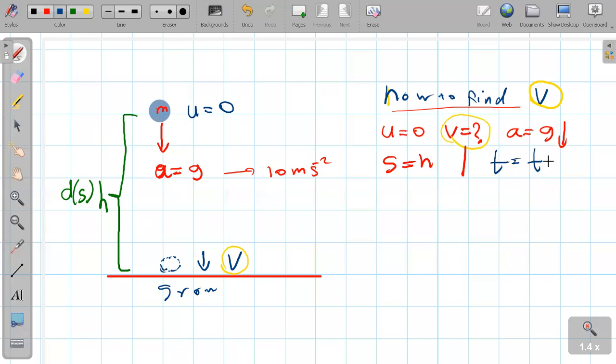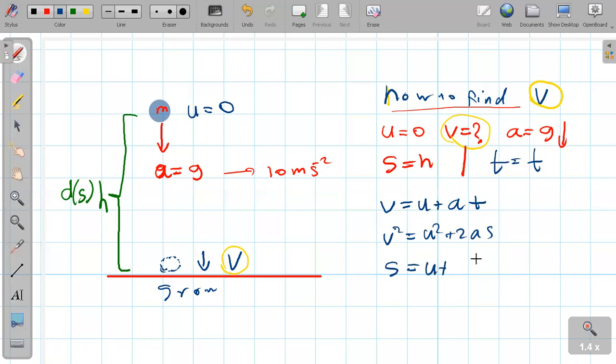I can use any of these variables. What are my equations? I have 4 equations. One is V equals U plus AT. The other one is V square equals U square plus 2AS. What is my other one? S equals half AT square. I can't use this because final velocity is not included.